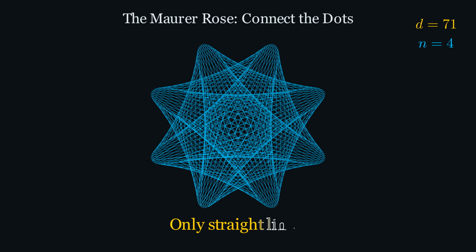Remove the underlying curve, and the geometric illusion reveals itself perfectly. A complex curve built entirely from rigid lines. But here is the mystery. Why do some values of d look incredibly boring and sparse, while others look absolutely spectacular?